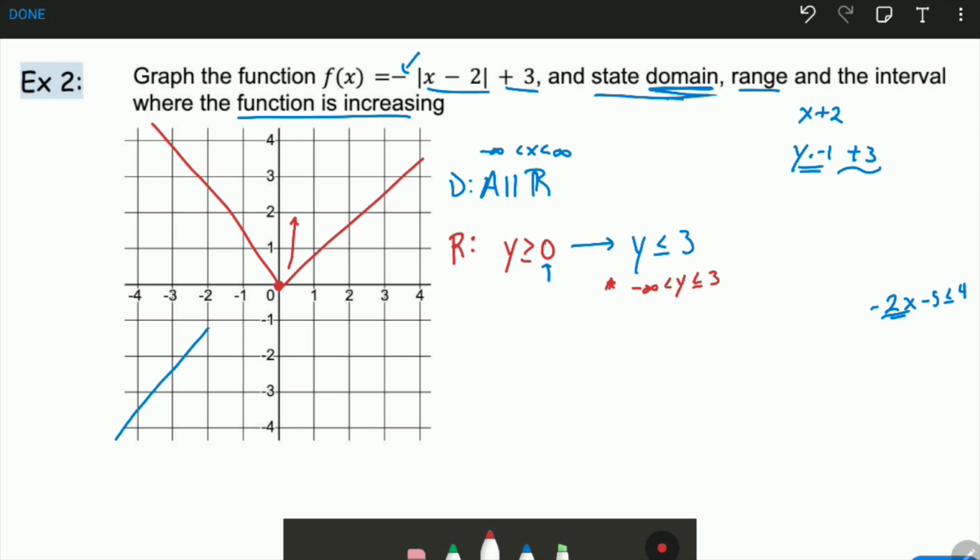Increasing, decreasing. This one is a little bit harder. Normally, for the absolute value function, if we focus on the parent function, which I have kind of graphed over here, normally the parent function has two intervals, negative infinity to 0 and 0 to infinity. Normally the first one is decreasing, second one is increasing.